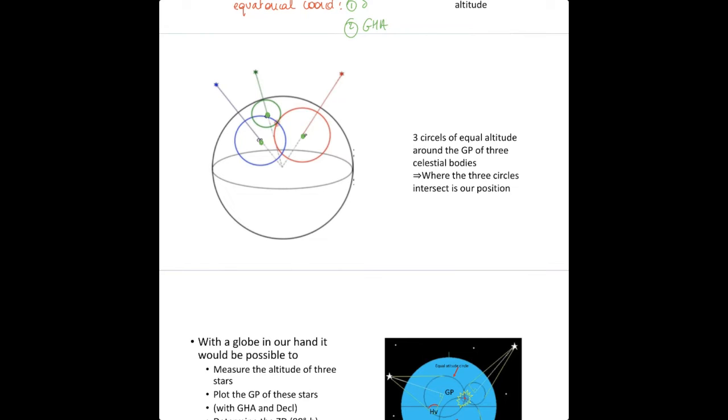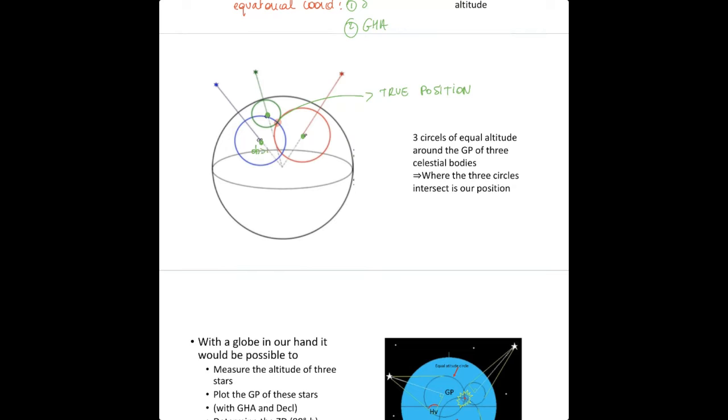In this case, it will be this point here, and that will be our true position. So if we take 2 or more observations and find the intersection between the altitude circles, we will find our true position.